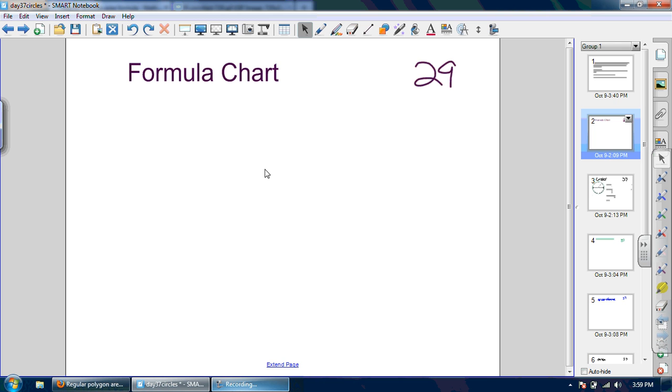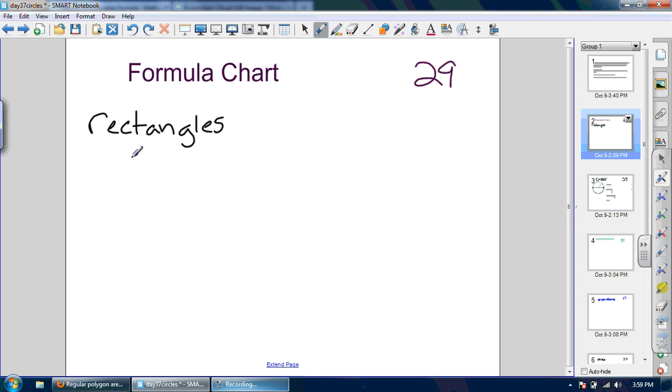So let's see, on page 29, the formulas we started with, the first shape we did, we talked about rectangles. So on our first line, we're going to say rectangles. And then we just look at what formulas we had for rectangles. This is the Dora the Explorer part of this, where I ask questions, but I can't hear you answering, so I'm going to assume you give me the right answers.